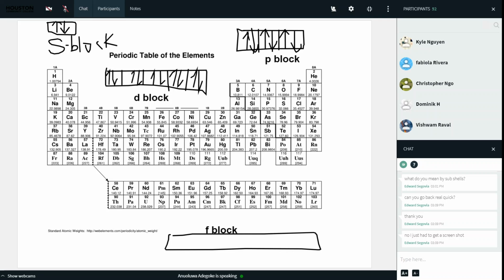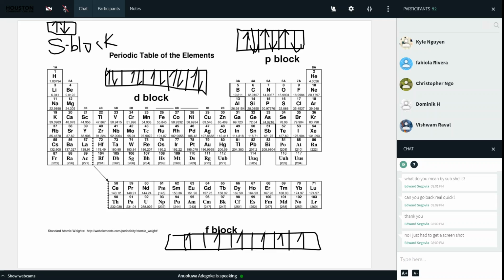Lastly, the F block corresponds to the F orbital. The F orbital has 7 boxes, which can hold 14 electrons, corresponding to the 14 boxes in the F block.